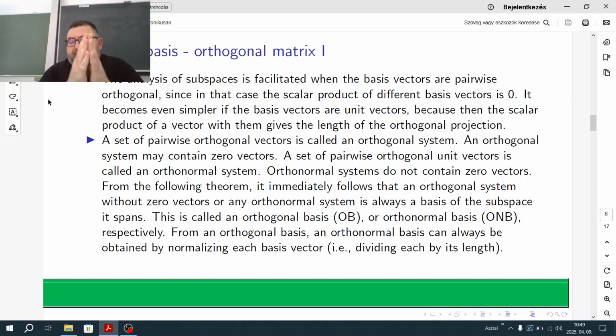The generalization of perpendicularity is orthogonality. Do you remember that if you have two perpendicular vectors and you take the scalar product, the result is 0? We say that two vectors are orthogonal if their scalar product is 0.